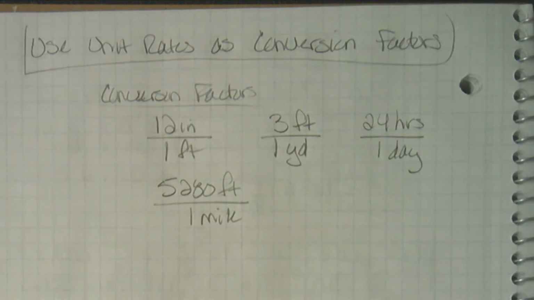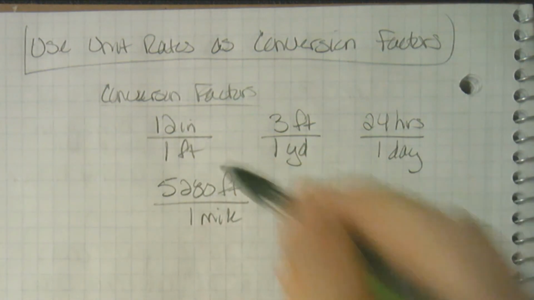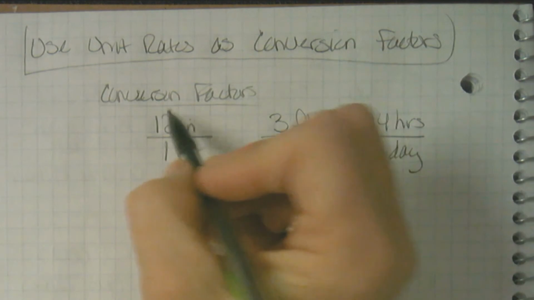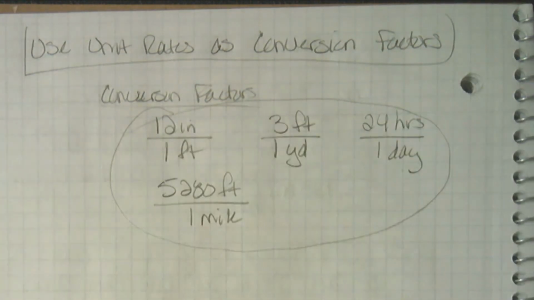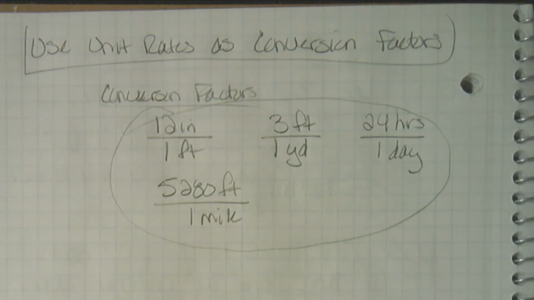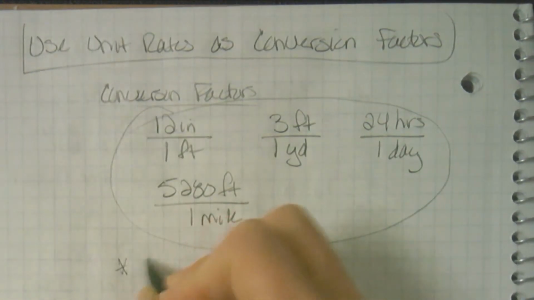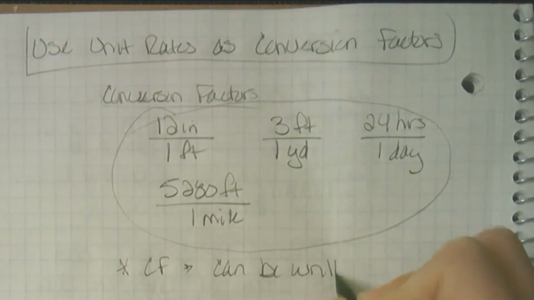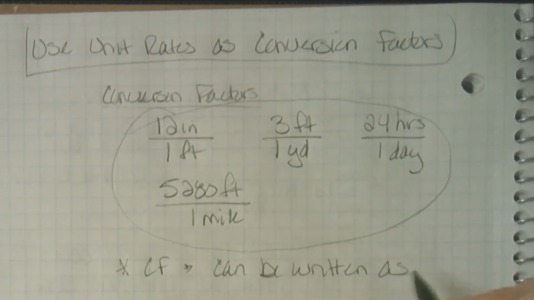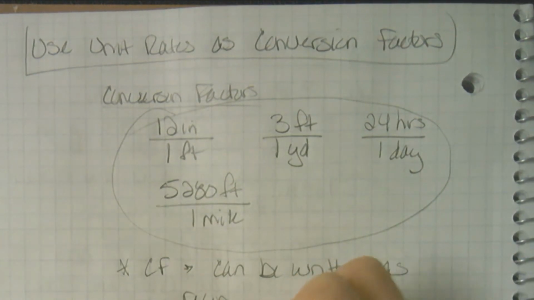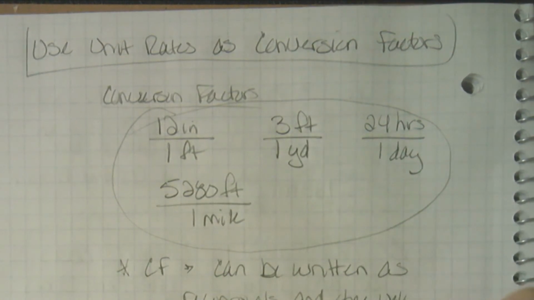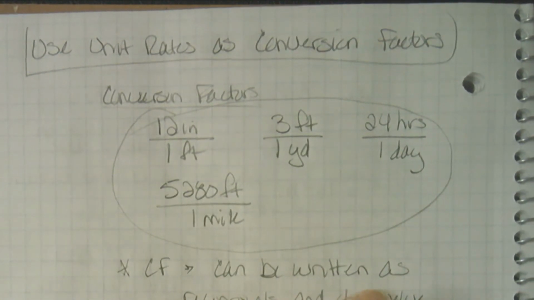Now, the one thing about these conversion factors that is not true about regular rates is that they all can be written as their reciprocal, and it doesn't change anything. Conversion factors can be written as reciprocals, and the value does not change.